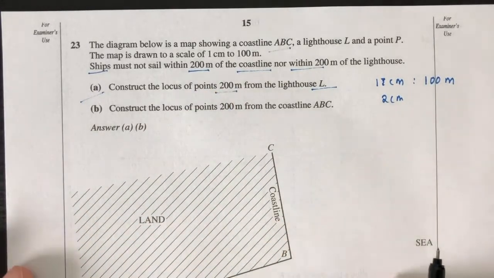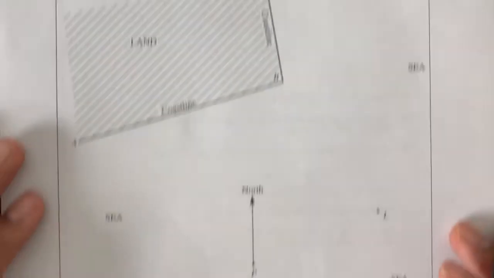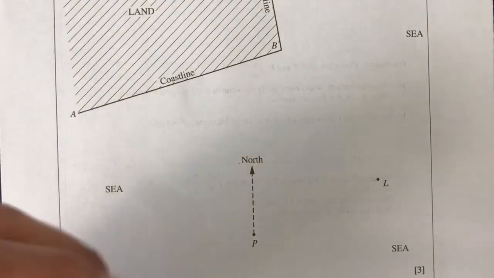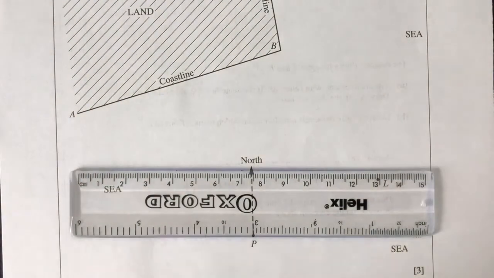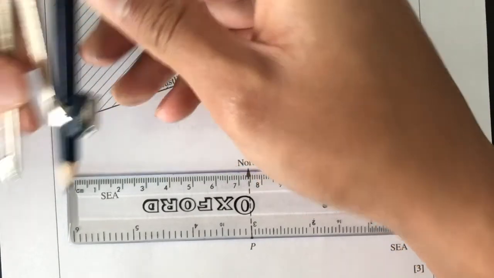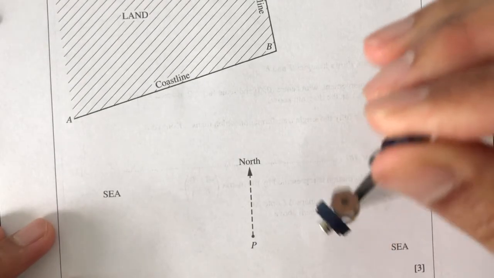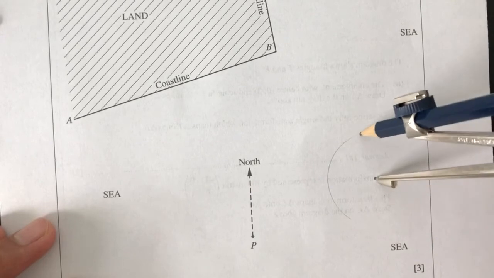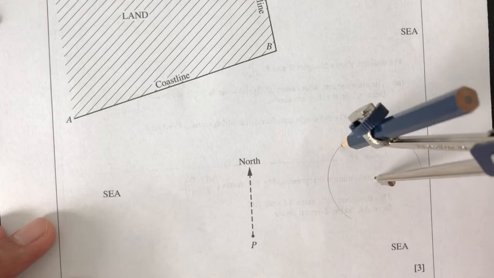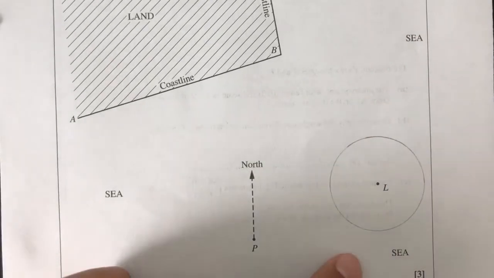We have to draw the locus of points which is 2 centimeters from the lighthouse L. So we'll first measure 2 centimeters and then go to your point L and make a circle around L. Okay, that is your answer for part 1.